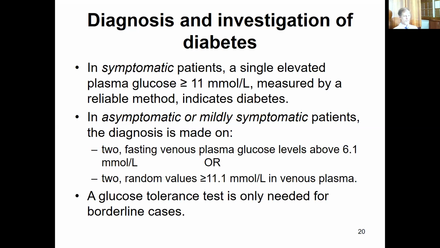So, a few ideas. We measure sugar in blood. We can do this measurement at different times. The first approach is known as random glucose. What is random glucose? You measure glucose whenever you want. Morning, evening, before meals, after meals. It doesn't matter.